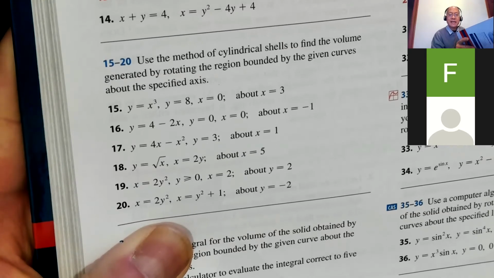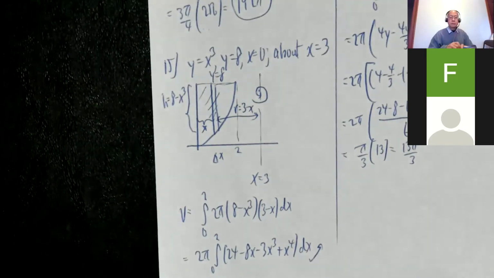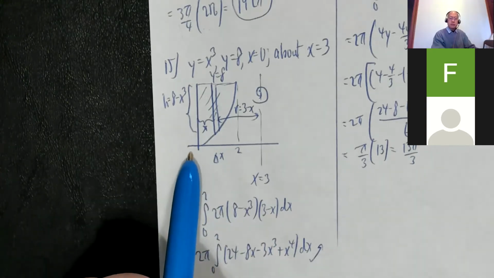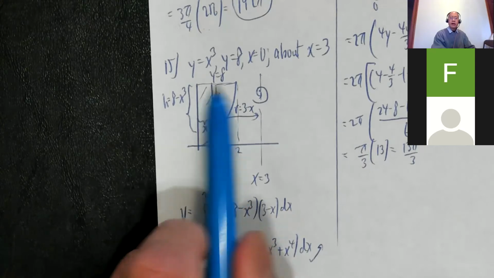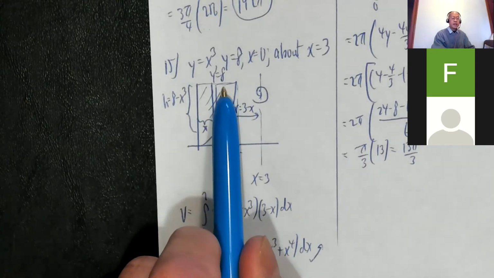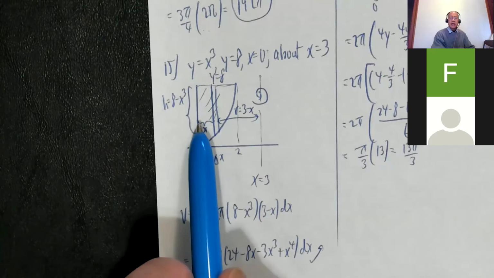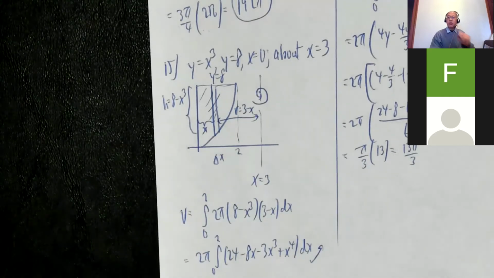Spin it about x equals 3. Okay, y equals x cubed, looks like that. There's a branch over here also. Y equals 8 is over here. We did that in the last problem also. X equals 0 is the y-axis. So this is the piece. And I'm spinning about x equals 3. I'm taking this thing and spinning it way out here.